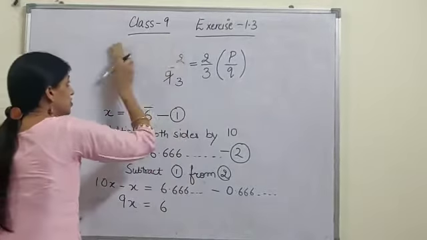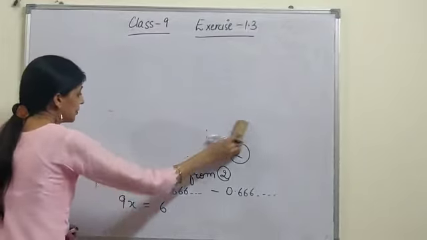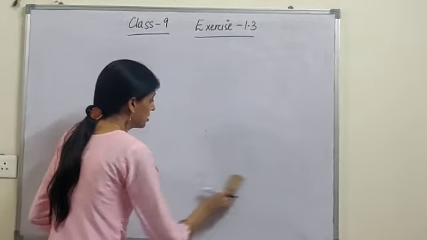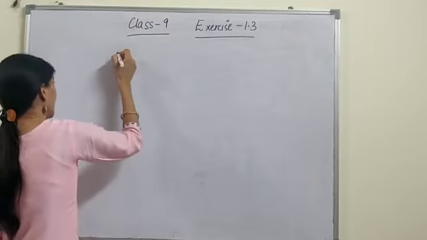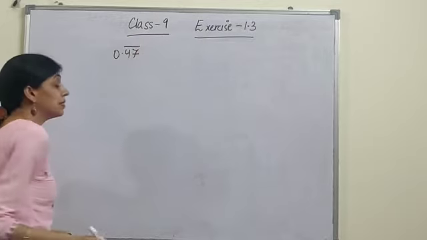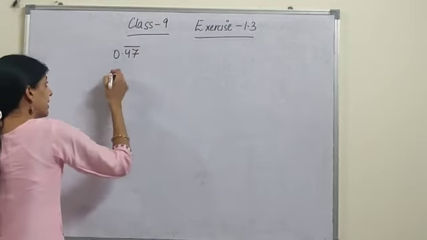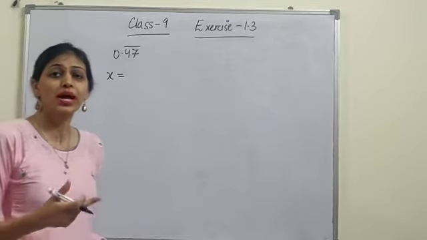Now the next question is, suppose you are given the number 0.47 bar. So can I write it as, first we have to suppose it equal to x.